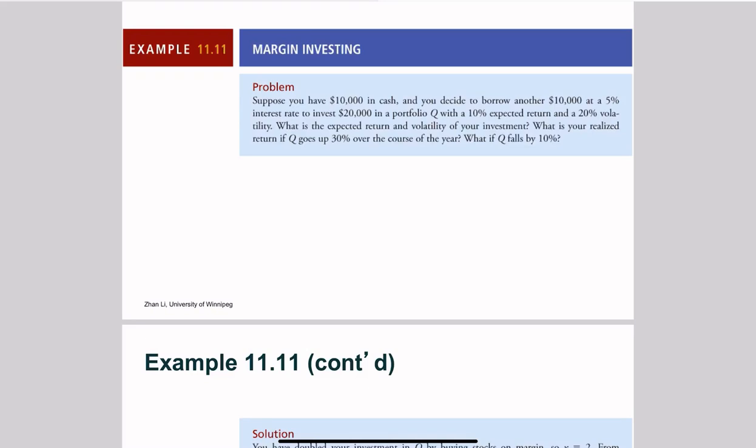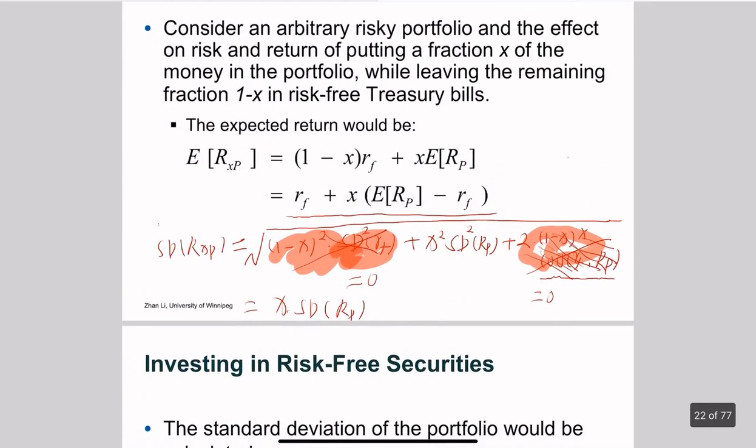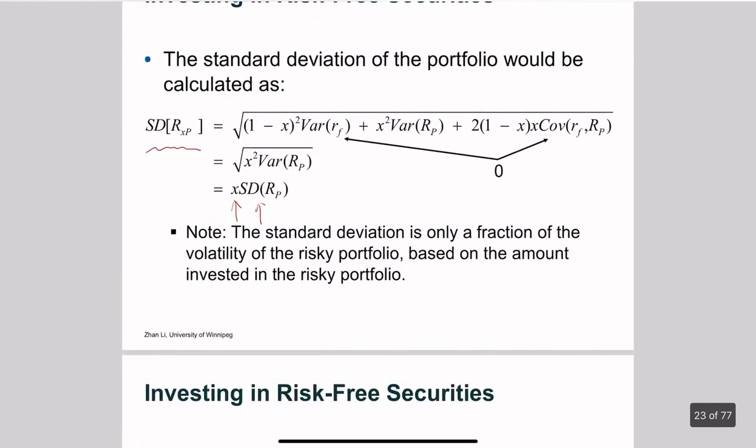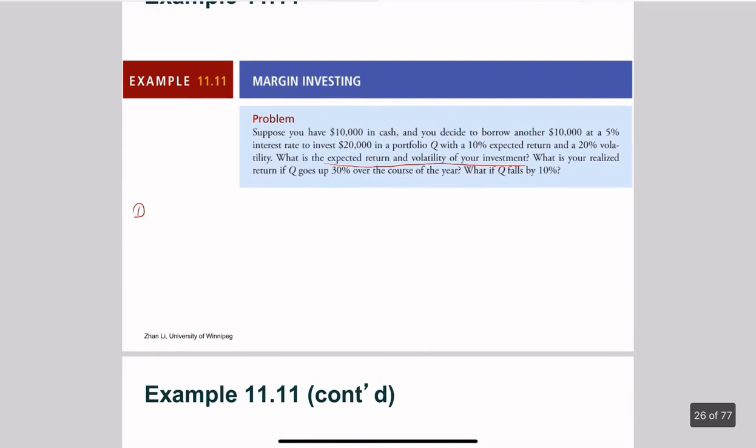So let's first start with the first question. What is the expected return and volatility of your investment? To solve this, we're going to use the formula we have just learned about. We will use this formula and this formula. So the expected return of portfolio XQ is given by the portfolio weight.